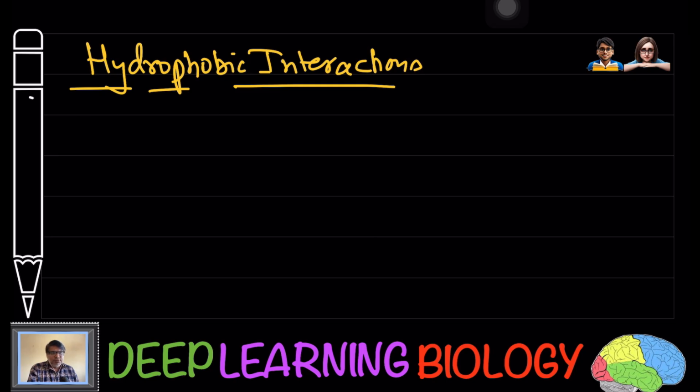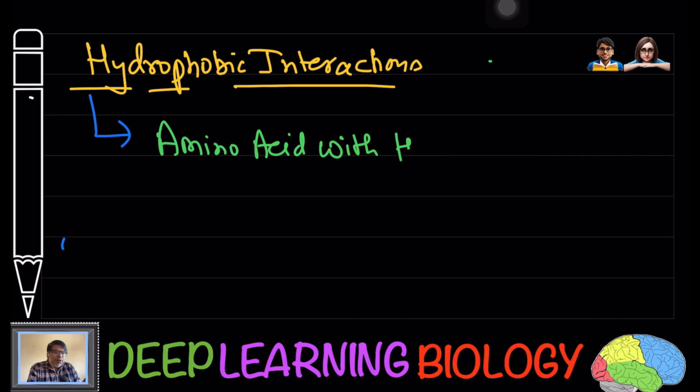Hydrophobic interaction, hopefully you know, polar attracts polar. In polar water you can dissolve polar things. Here hydrophobic interaction is between hydrophobic things, like between hydrophobic amino acids.